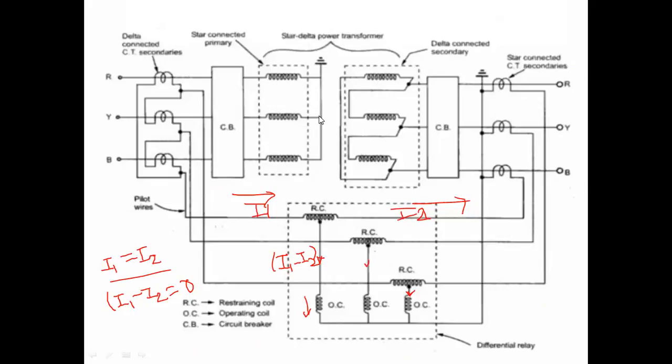Star-star connection also. So if we are using star and star here, CT should be connected as delta and delta. Okay, so you should remember that here. So they may ask you, or they may mention, or will give only the differential protection scheme. That time you have to draw the correct diagram.